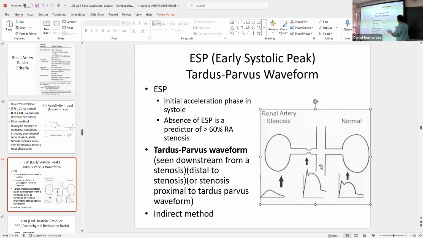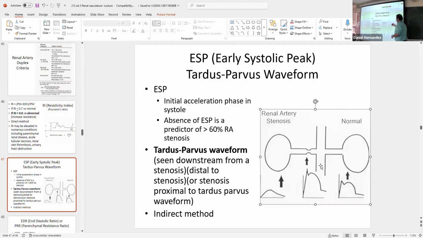So the second push of that blood, with the full contraction of the heart, as it's pushing through, you get an initial surge, and then as the heart continues to contract with the pulse, you get a second push, and you wind up with two peaks. So in a lot of renal artery waveforms, you're going to notice those two peaks. If they're pretty similar in nature, that could indicate the presence of a stenosis. That first peak should be higher.